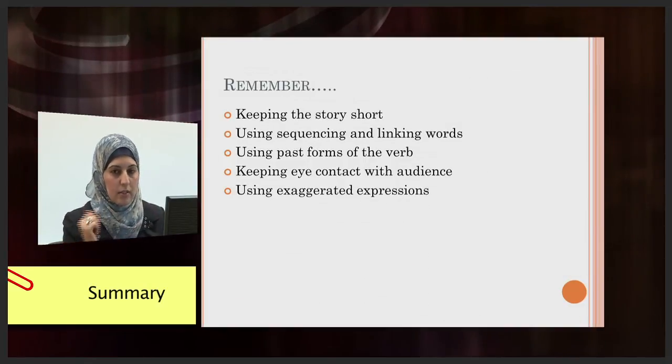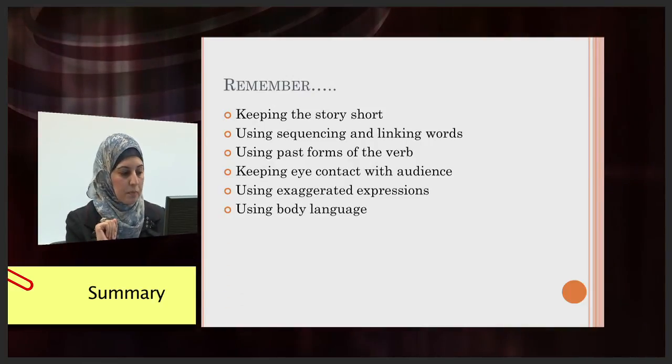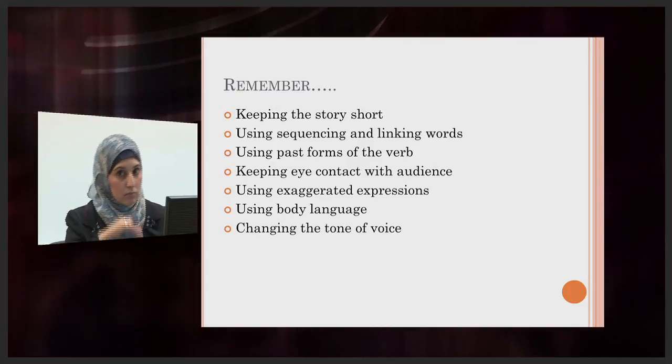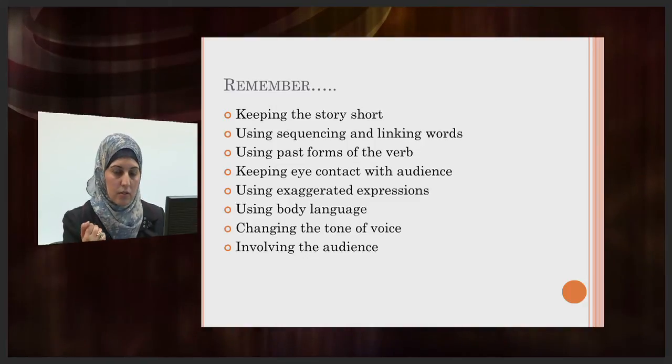Use exaggerated expressions. Use body language. Change the tone of your voice, ups and downs. Involve your audience. Close the story using a close ending, an interesting ending.